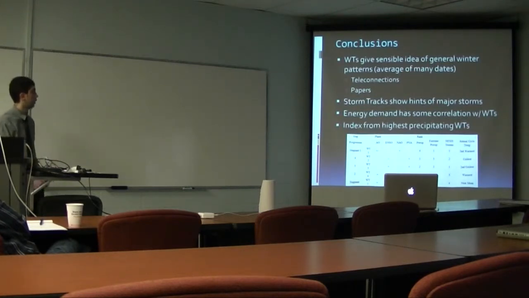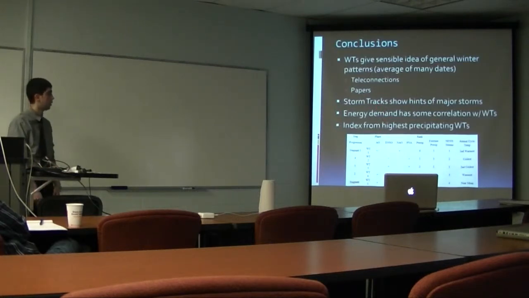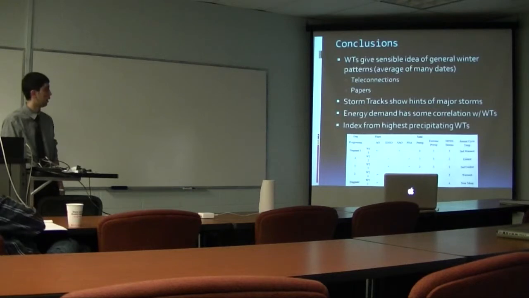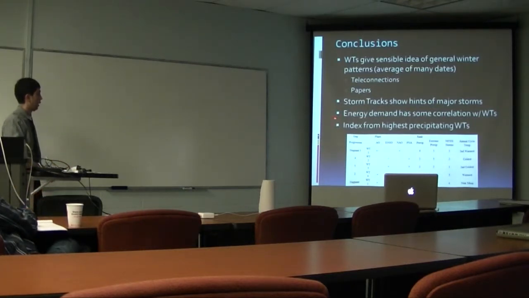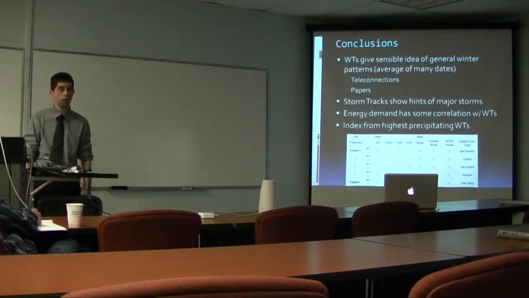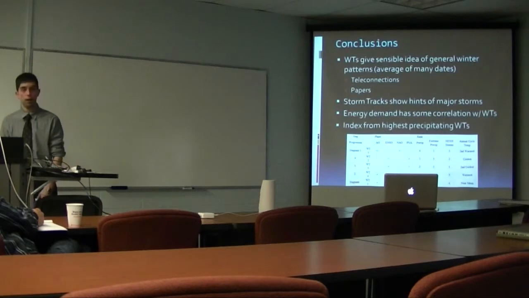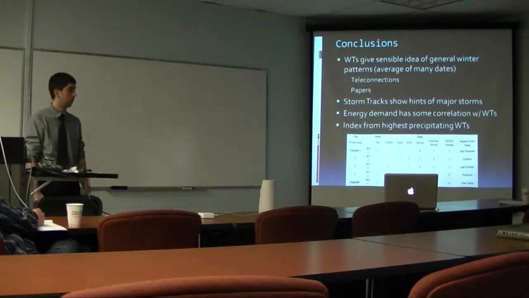We also saw that there are storm tracks showing hints of major storms, the two major types that Kocin and Uccellini talked about, precipitation as well. And then the energy demand also has some correlation with WTs. Unfortunately, they were not statistically significant, so future work has to be done with that.